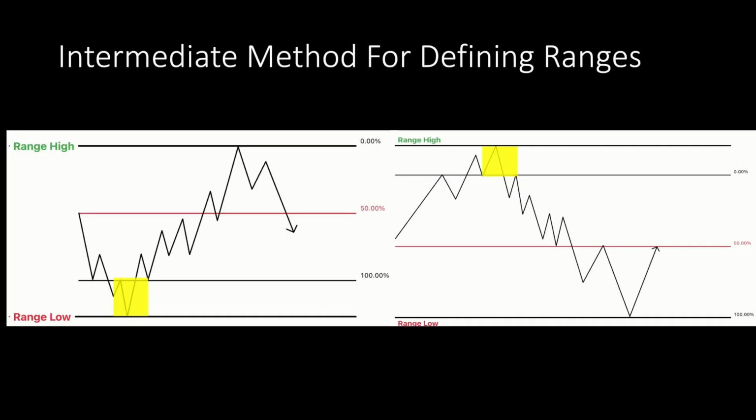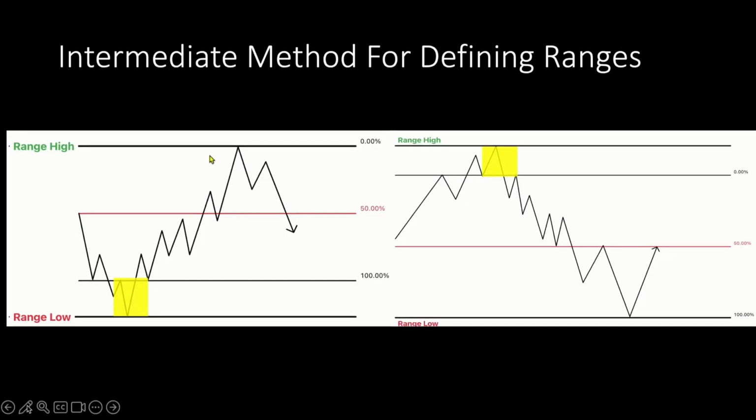Are you seeing how what I'm showing to you is a simple schematic of how price trades above or below external range liquidity and then draws towards internal range liquidity?